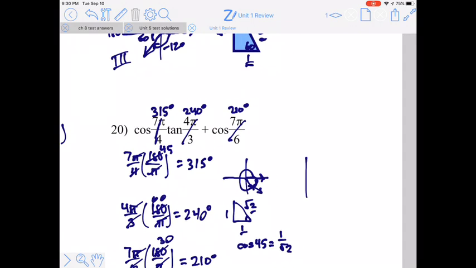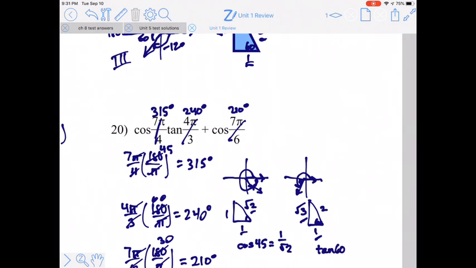Now, for the second one, 240 is right there. The reference angle is that gap between the x-axis. So the difference between 180 and 240 is 60 degrees. So I need my 30, 60, 90 triangle, which is 1, 2, and square root of 3, and tangent is opposite over adjacent.